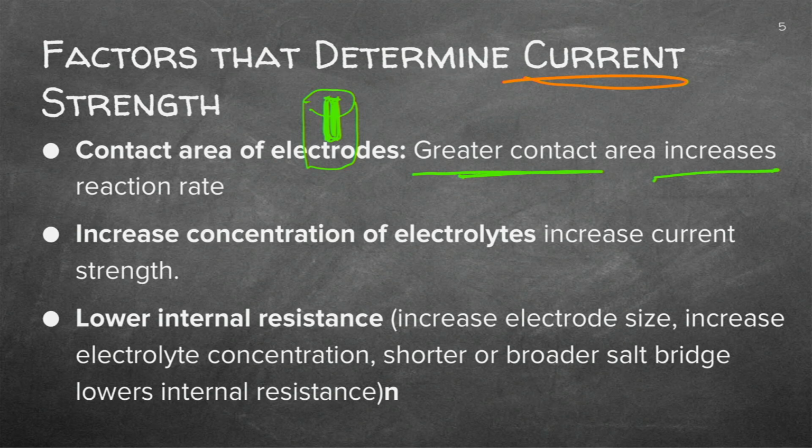So what I'm drawing there is one electrode that's that size, and I've got another one which is smaller. Now let's see if you can think that this one will have much more electrons faster being released or obviously gained than the smaller one. So it's the contact area that will determine the current.